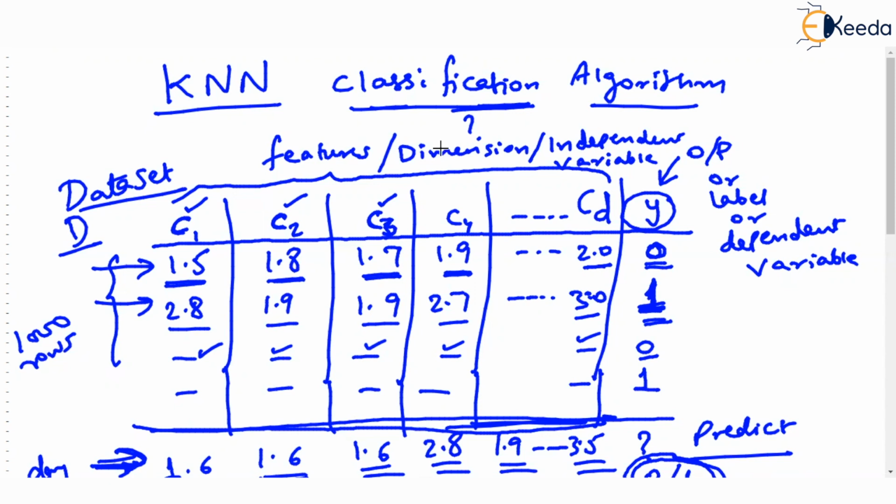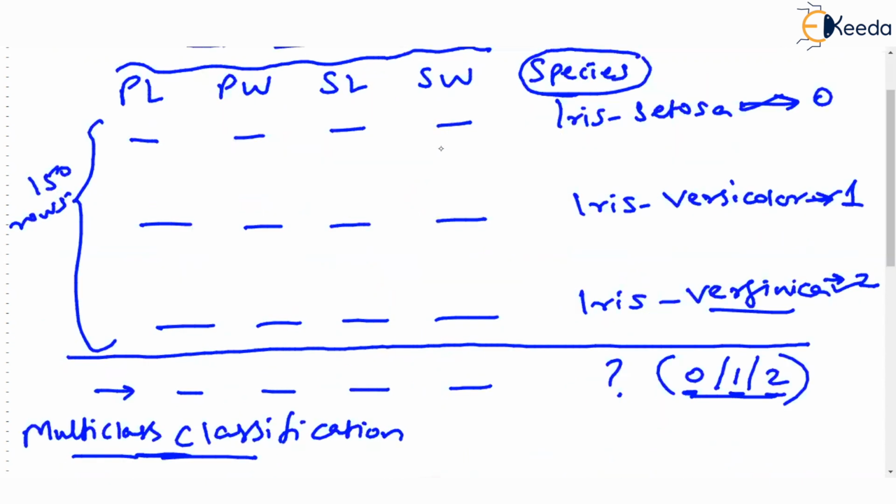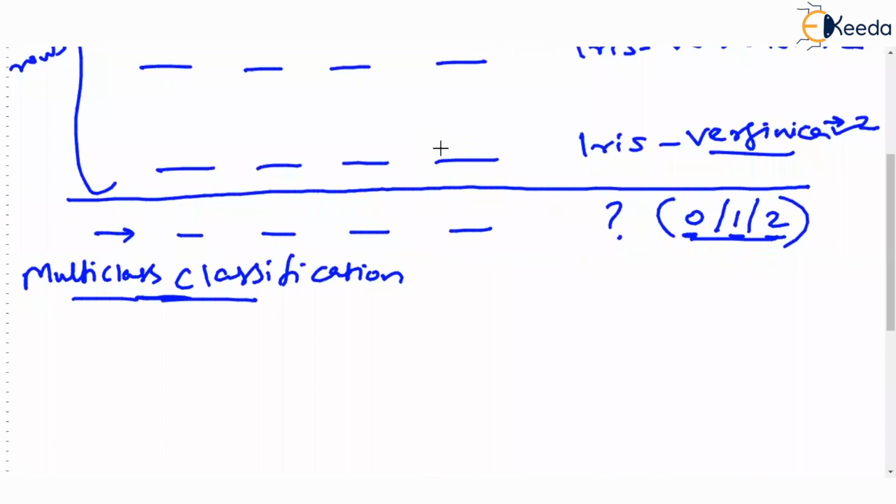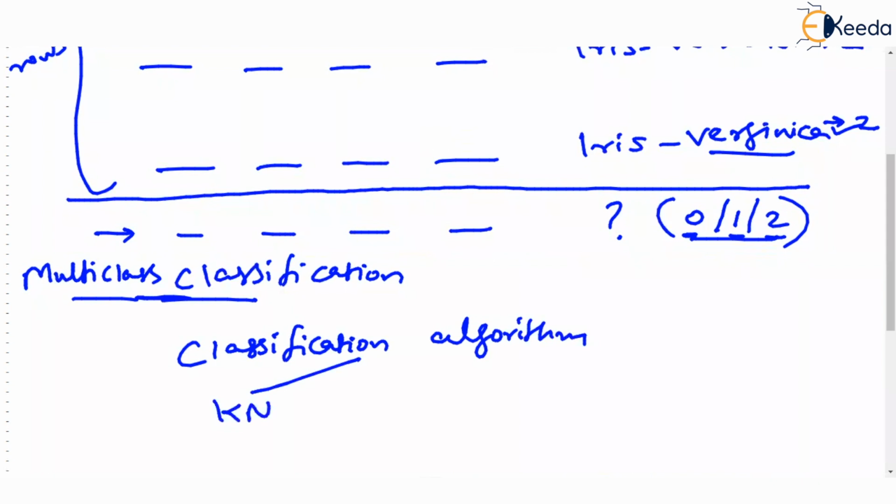Okay. Now there are various classification algorithms developed over the years, and the most popular and very simple algorithm is K nearest neighbor. Among classification algorithms or methodologies, the simplest is K nearest neighbor. Then we have logistic regression.